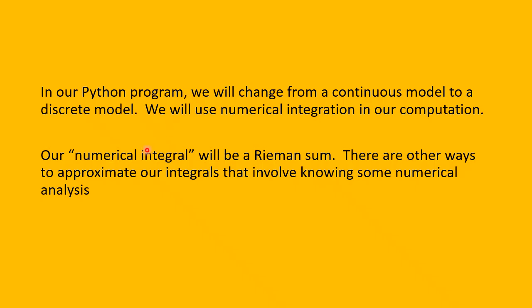Our numerical integral, as I mentioned, is going to be a Riemann sum, and I should mention that there are many methods of approximating these integrals which are covered in numerical analysis courses. Some of them require quite a bit of theory to get a formula for, but they might give much more accurate results. In our case, we're going to use pretty small subintervals in our Riemann sums, and our results will be quite accurate.